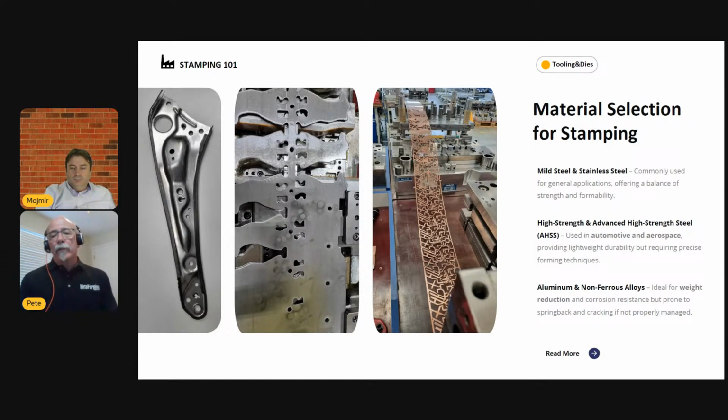So what that means for you as a stamper or a tool and die shop is that for steel and aluminum of equal strength, because aluminum's elastic modulus is 1/3 that of steel, it will have 3 times the amount of springback. So when we're designing dies, we have to take that into consideration.